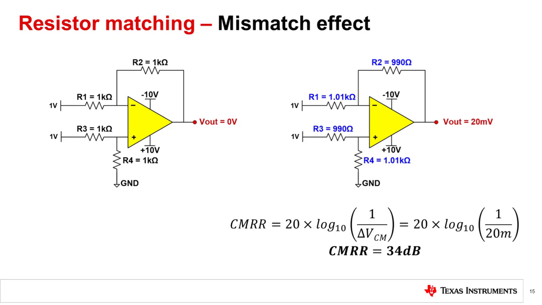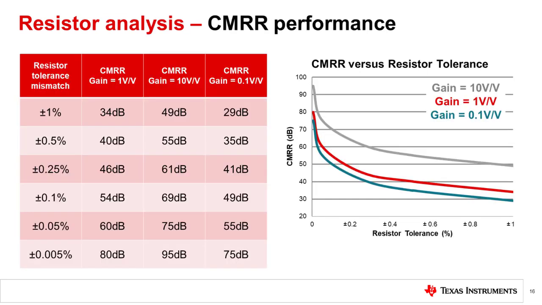Common mode input voltage is equal at each input, so the expected output of this circuit of 0 volts becomes approximately 20 millivolts. This translates to 34 dB of common mode rejection. This table shows the potential worst-case CMRR for varying tolerance resistors at gains of 1, 10, and 0.1 volts per volt. The CMRR performance due to resistors is especially important for low-gain or attenuated circuits.